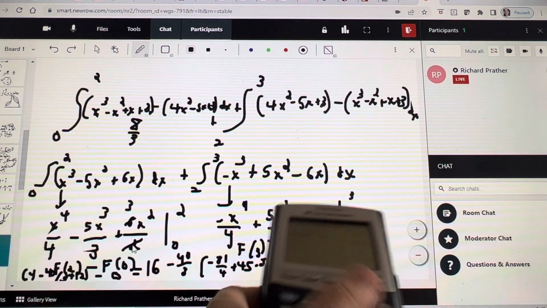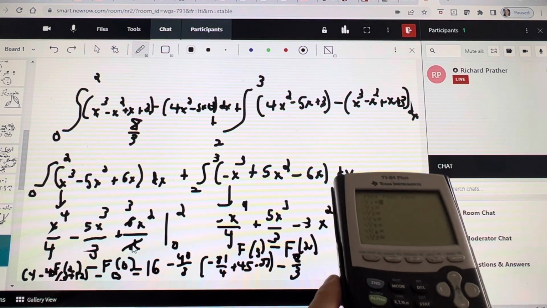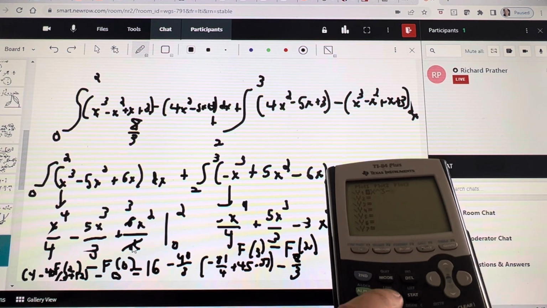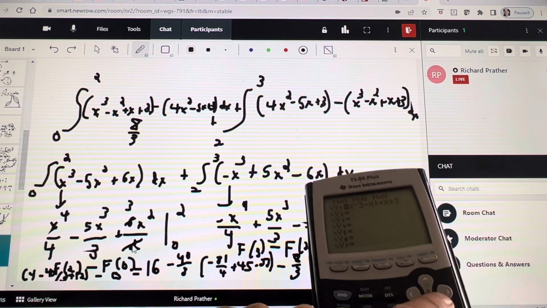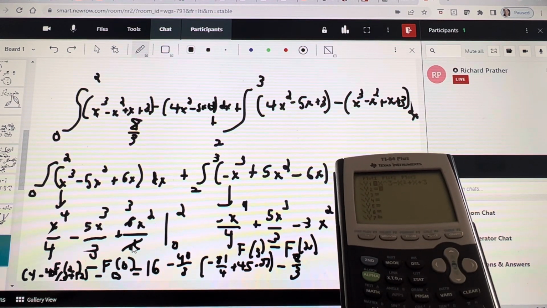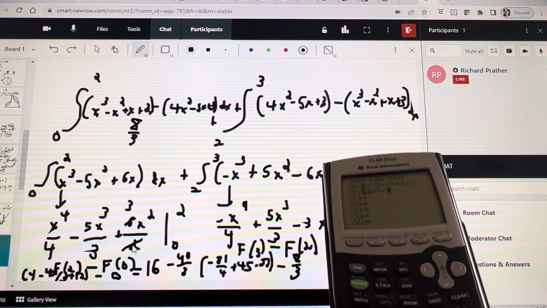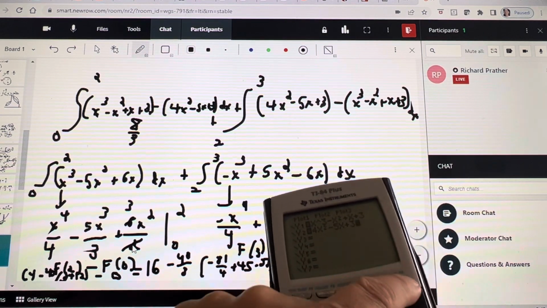And maybe it would help if I looked at the graphs too. You can also, if you graph the original functions, maybe that might help. X squared plus x plus 3 and 4x squared minus 5x plus 3.